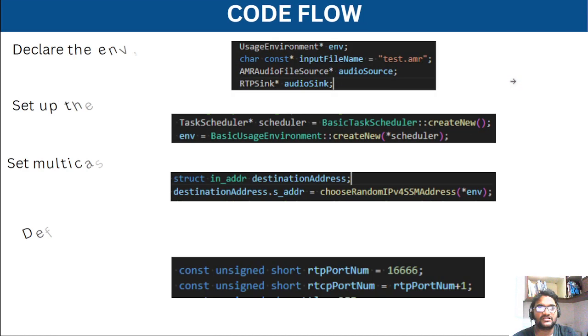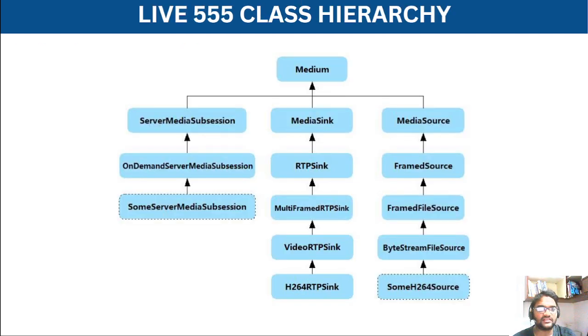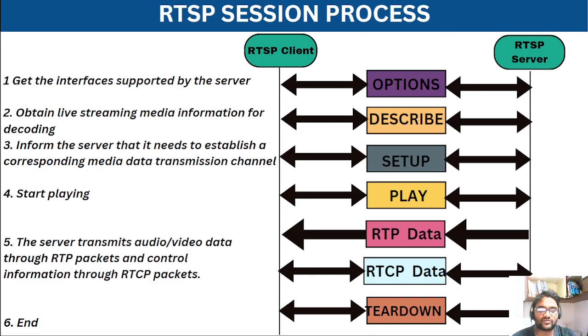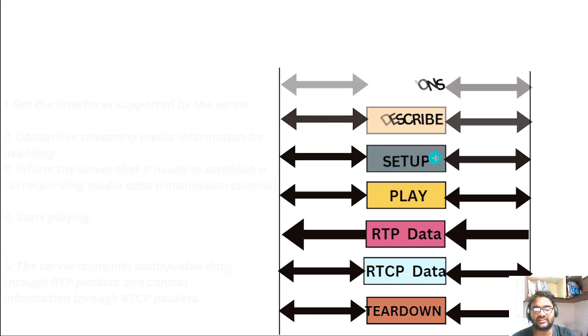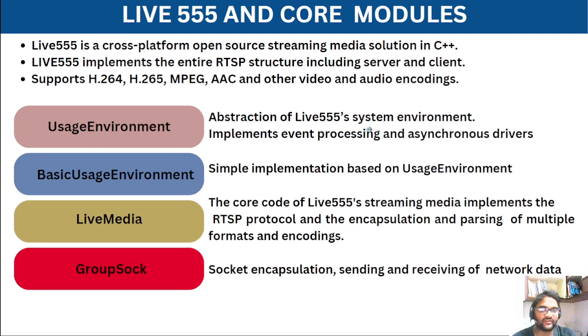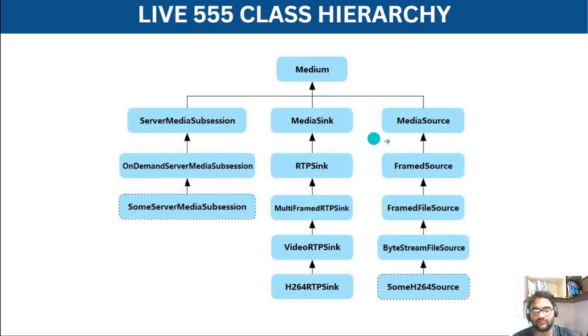Okay, so this is the code flow. Basically we have seen the streaming architecture, the protocols involved, how the protocols exchange data and play a key role in exchanging data between the client and server, and how LIVE555 makes it simple by implementing all those details in one go.